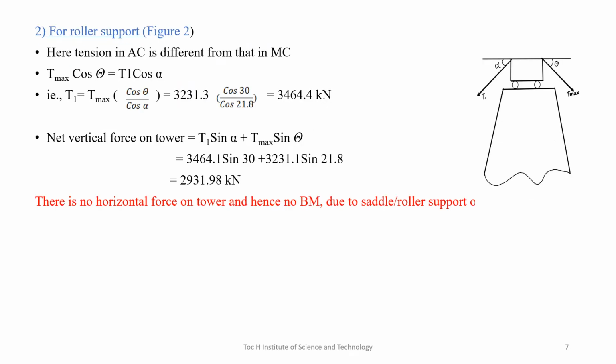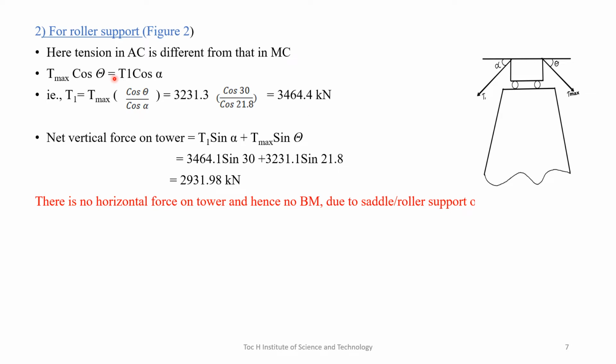Okay. Now when it is supported by a roller support, as we already know, T max is different from the tension in the anchor cable. It is T1. Okay, so what is the relation connecting T max and T1? T1 is equal to T max into cos theta by cos alpha, and that's equal to 3464.4 kilonewton.